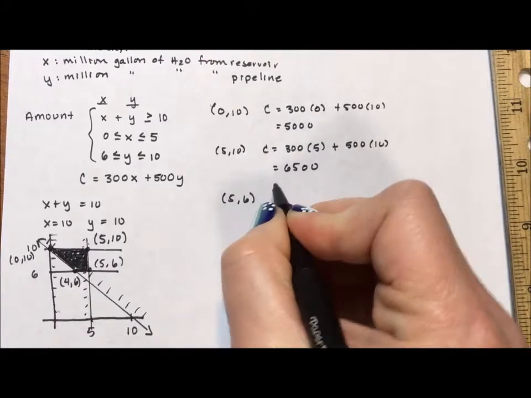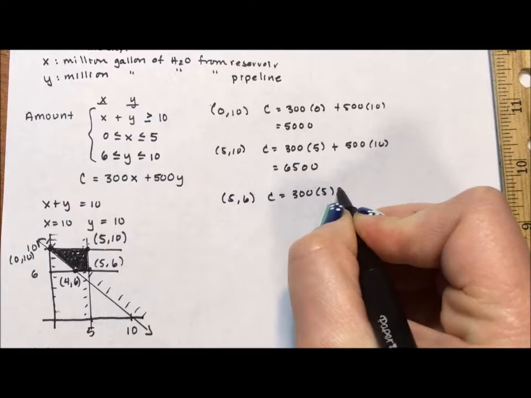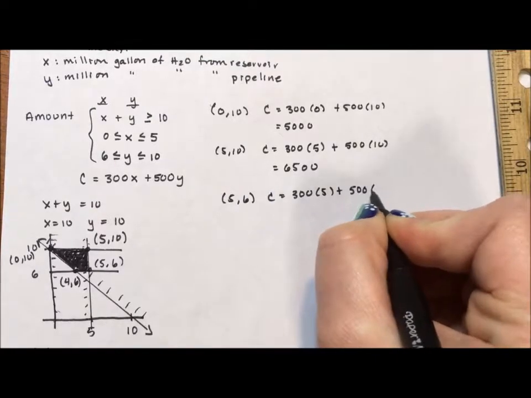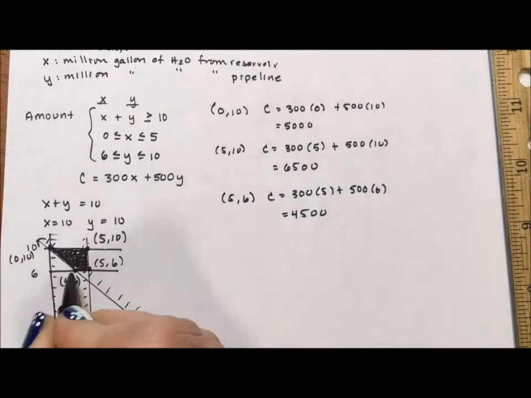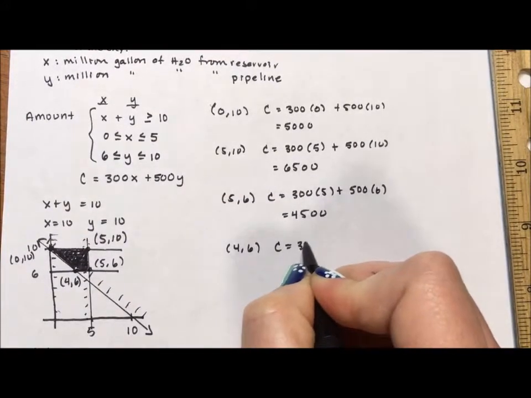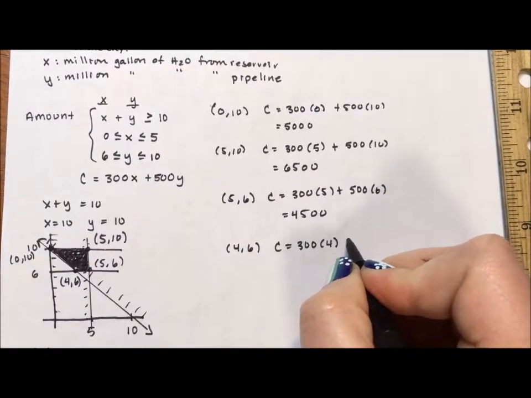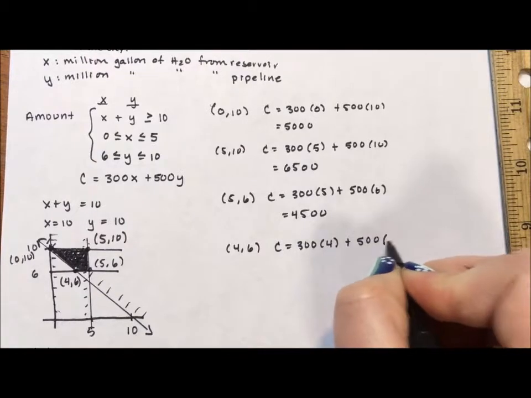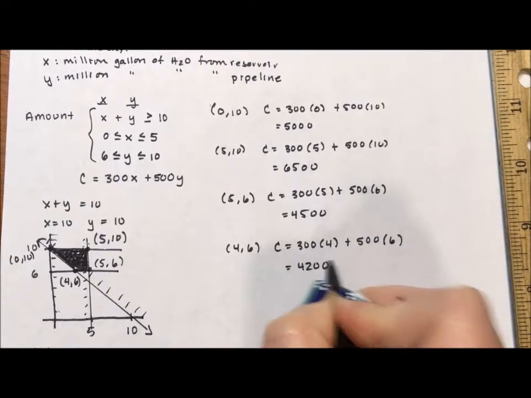It might obviously be cheaper when we drop one of our numbers. I just like to test everything for the symmetry of it all. This one comes out to $4,500. And last, we will do 4, 6. So it's $300 for each of the 4 million gallons from the reservoir plus $500 times 6, which is going to come out to $4,200.